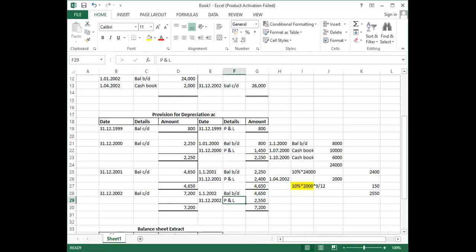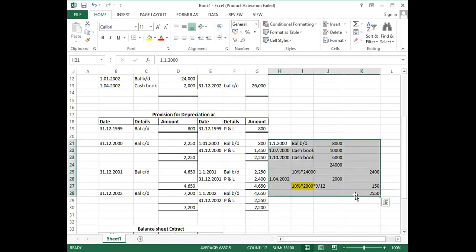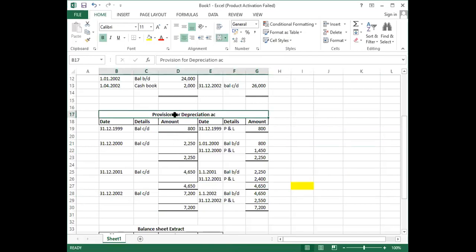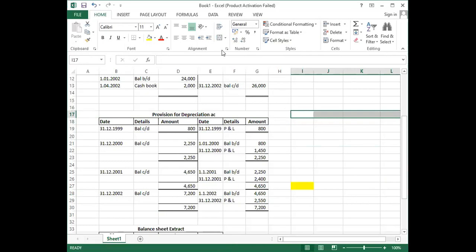So that, for example, if you are to draw, let me delete this. If we were to draw a depreciation account, this is a provision for depreciation account. If we were to draw a depreciation account here, it should look something like this. Let me put this into perspective.